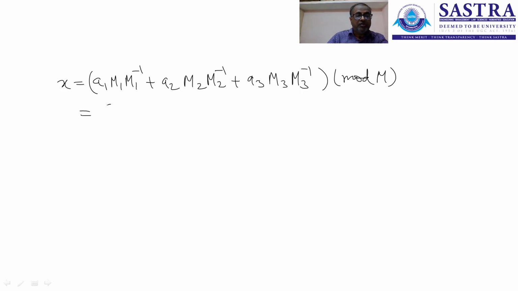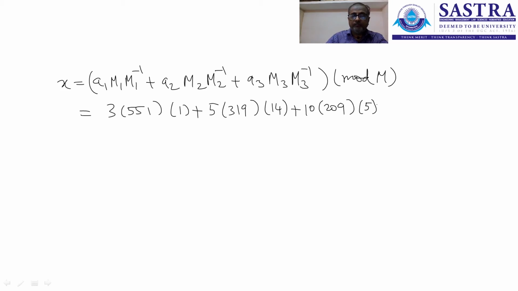I'll have 3 into 551 into 1 plus next one was 5 into 319 into 14 plus 10 into 209 into 5, and your M was 6061, so I'll have mod 6061.